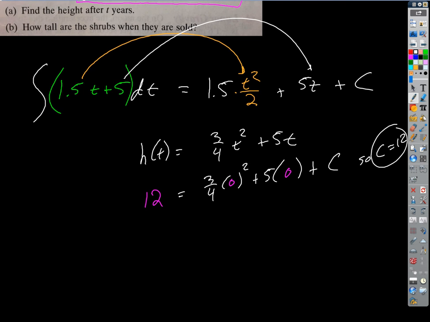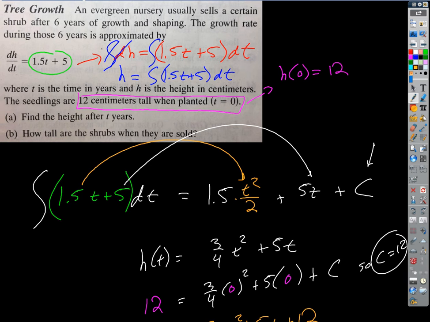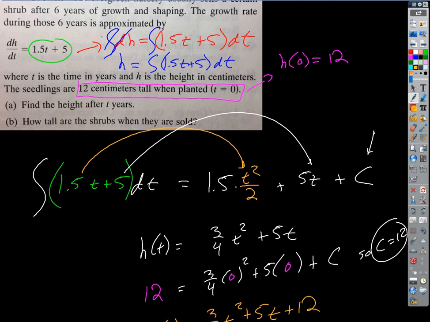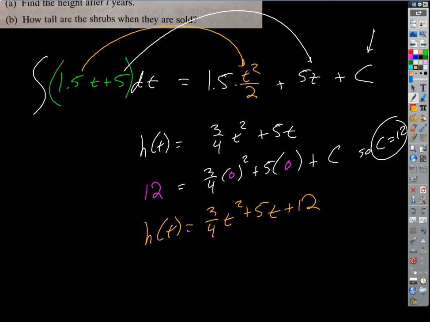And if c is 12, then we can plug that in right there and we got our answer. And then it's just algebra to find the rest of this stuff, right? So the height after t years is our function, h of t.